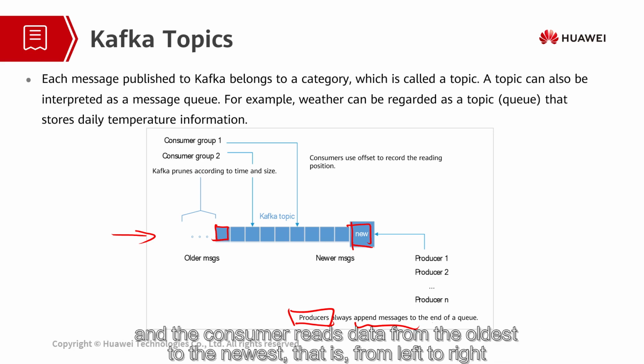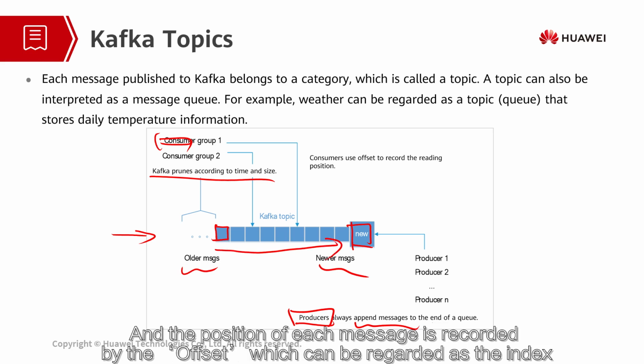And the consumer reads data from the oldest to the newest, that is from left to right, and the position of each message is recorded by the offset, which can be regarded as the index.